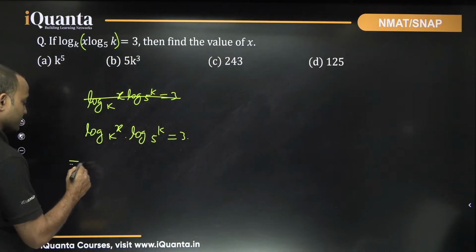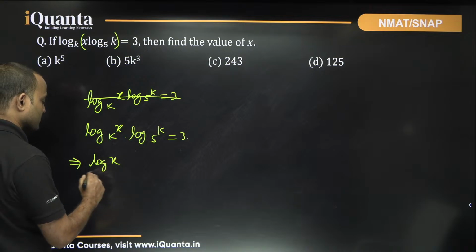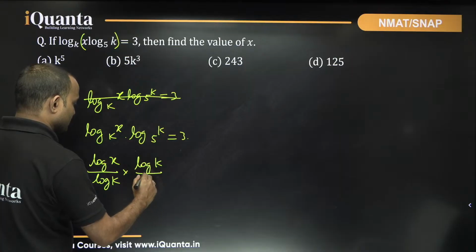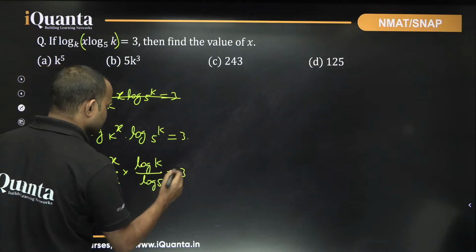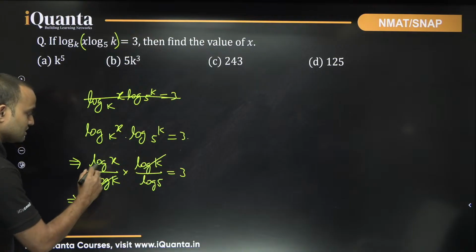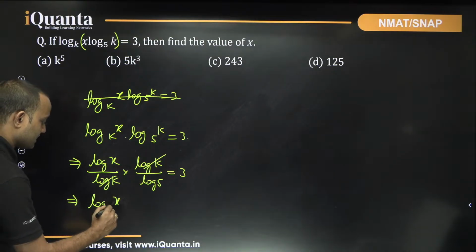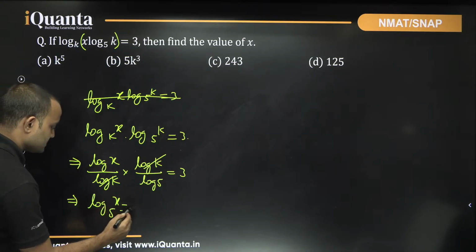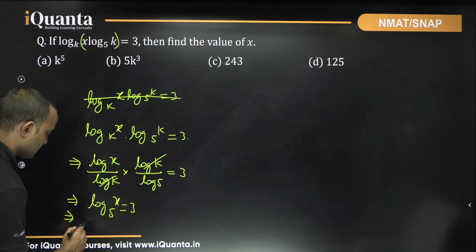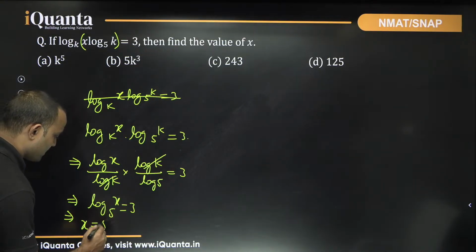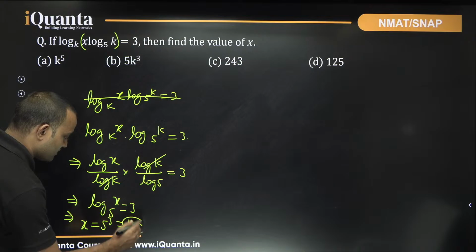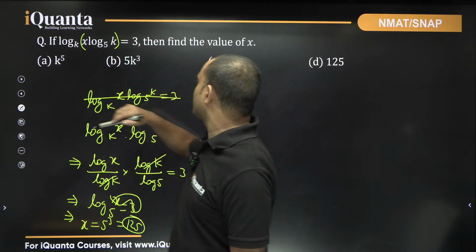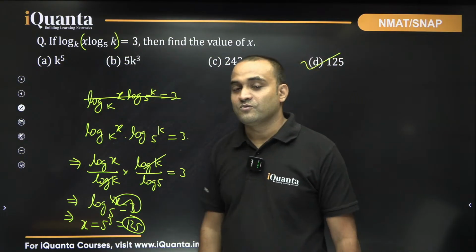If you take this, it will be log x upon log k into log k upon log 5 is equal to 3. Log k cancels out. This we can write as log x to the base 5 is equal to 3, or we can say x is equal to 5 cubed, that is equal to 125. If you are removing the log, exchange these two values. That's it, as simple as that. Answer is option D, 125.